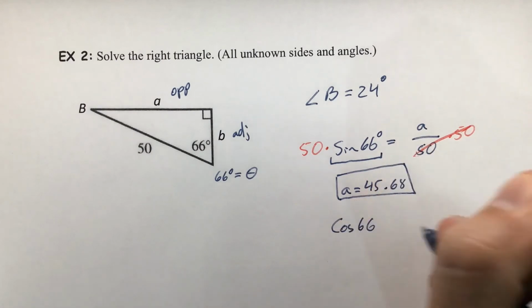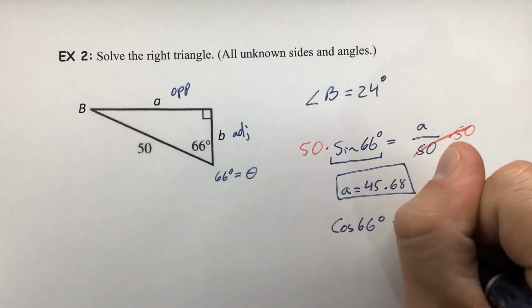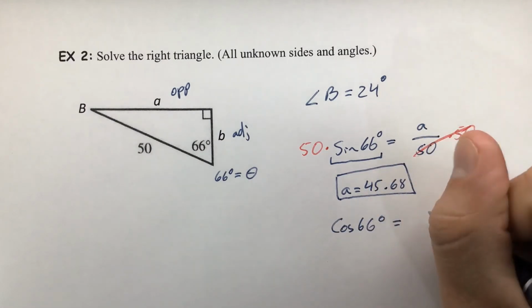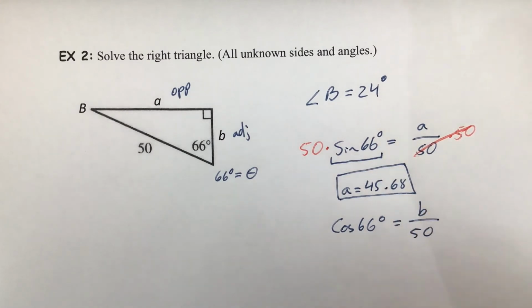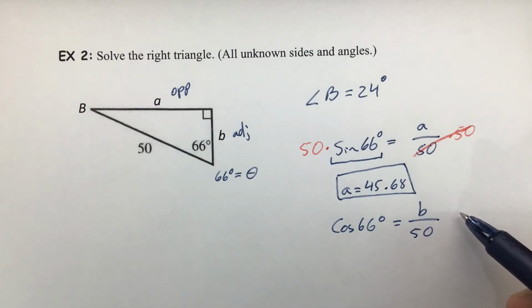So if we took the cosine of 66 degrees, that would be equal to the adjacent side B divided by the hypotenuse 50. And you'll notice here that the equation really doesn't look much different than the one we had right before. And that's true. There's going to be a lot of repetition in how the problems look when you're setting up, and even how you're going to end up solving them. So for this, we're also just going to multiply both sides by 50.